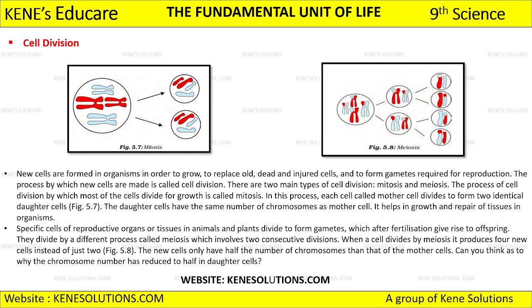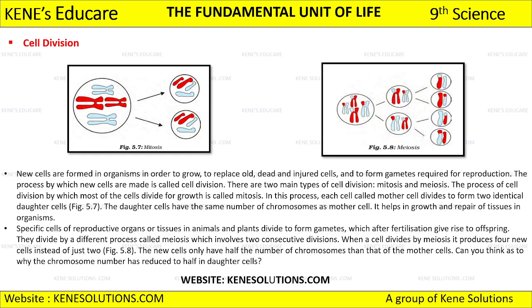Okay, so the process of cell division by which most of the cells divide for growth. If the cell is getting divided for growth, then we call that process of cell division mitosis. And in mitosis, each cell, called the mother cell, is going to divide and form two identical daughter cells. How many? Two identical daughter cells will be formed.